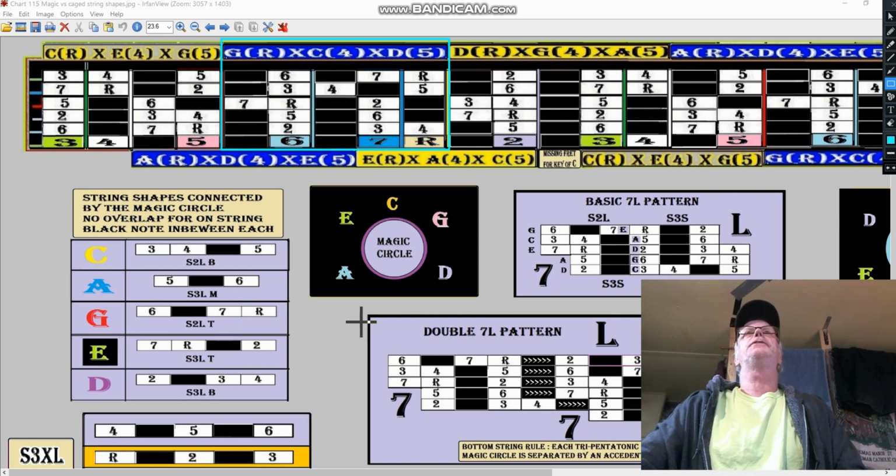So the transition over here would be 6/7 root to 2/3, whatever we got, 6/7 root over to 2/3/4 would be a D shape.